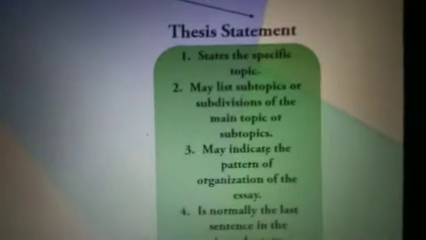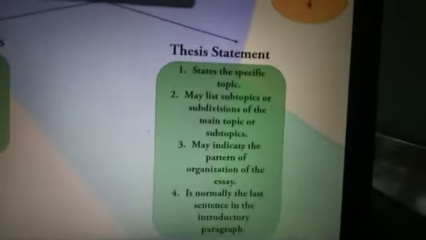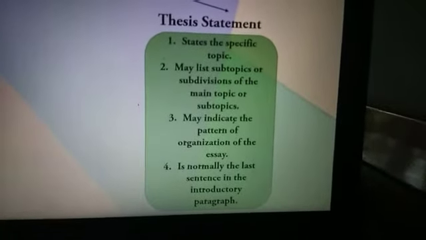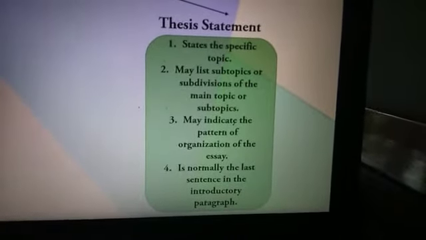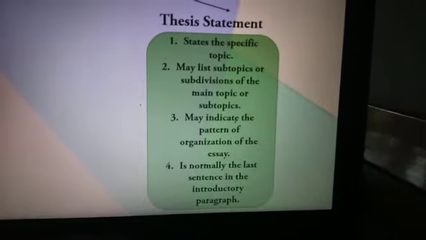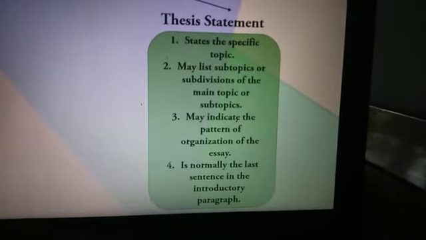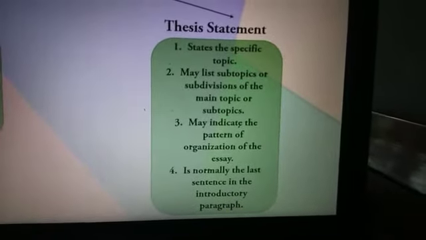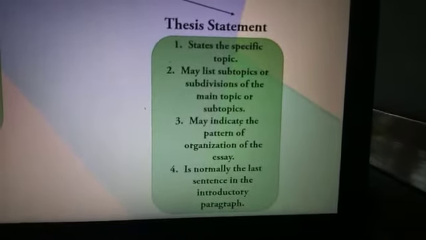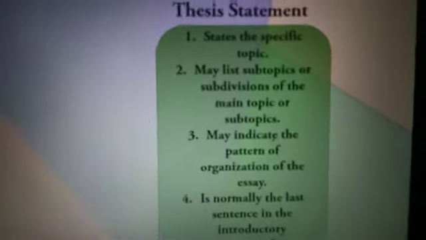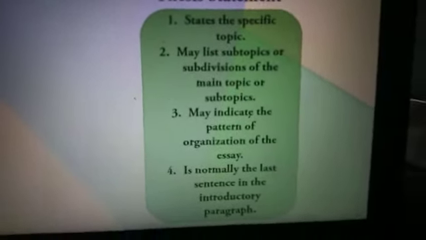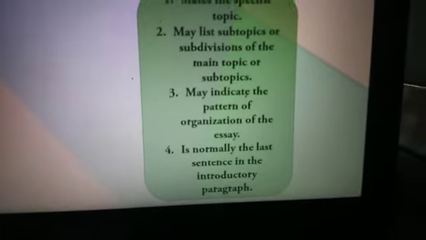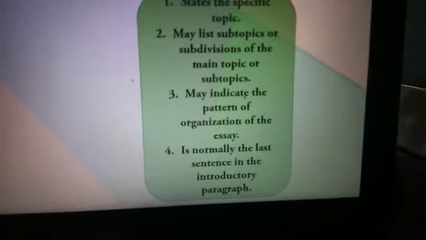And the second is thesis statement. In the thesis statement, you can see it states the specific topic. It's more specific than general, and mainly states the subtopics or subdivisions of the main topic, and may indicate the pattern of organization of the essay.